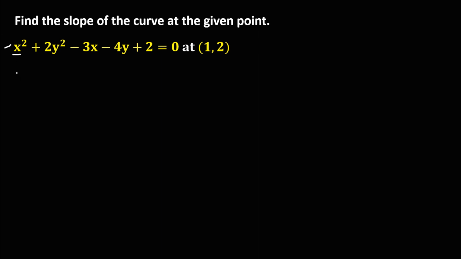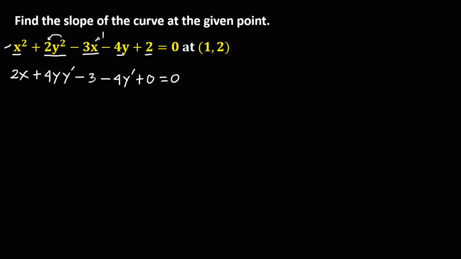The derivative of x squared is 2x, plus the derivative of 2y to the power 2: multiply these numbers, 2 times 2 is 4, then y times the derivative of y, that's y prime, minus the derivative of 3x, that's 3 because the derivative of x is 1, minus the derivative of 4y, this is 4 times the derivative of y, plus the derivative of a constant is 0, equals 0.